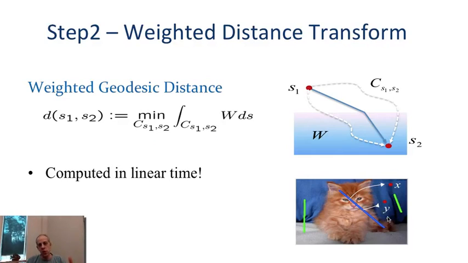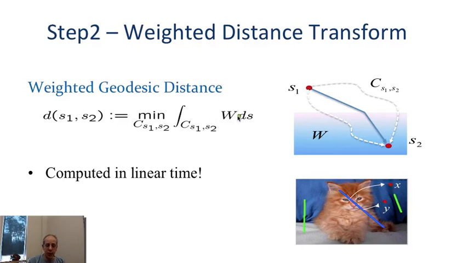This is based on extensions of techniques called Dijkstra techniques, which are very standard in graph theory, and we're going to discuss them a bit more next week when we talk about partial differential equations. For now, all I want you to know is that this computation of the minimal effort of traveling from a pixel to any one of the scribbles, with a weight that I'm going to define in a second, can be computed extremely, extremely fast. Basically it can be done in real time.